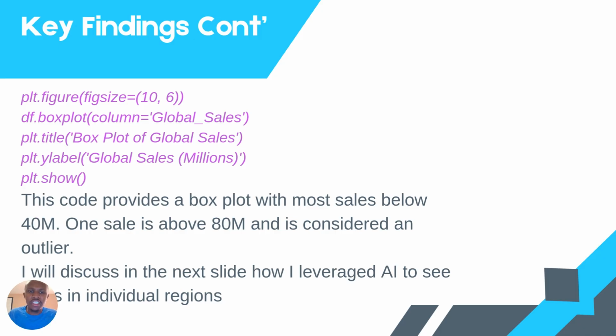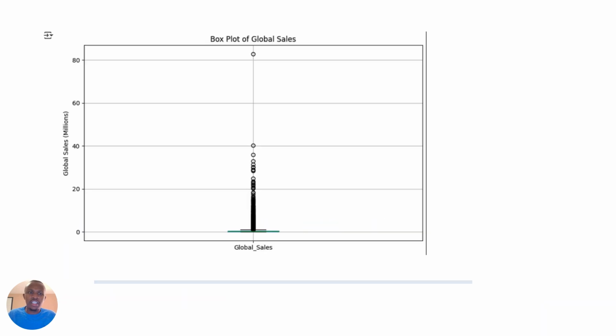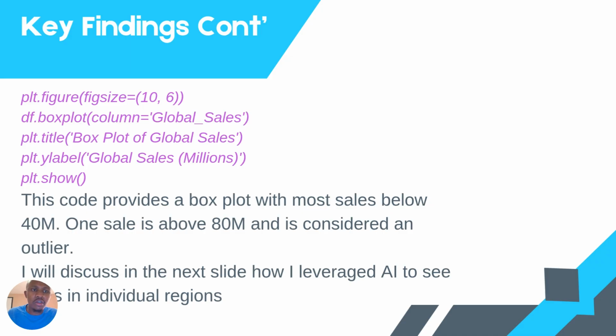The more interesting artificial intelligence leveraging is something I will show towards the end of this presentation. So let's just put a pin on that and look at the box plot that we were able to come up with using the Python code shown here.